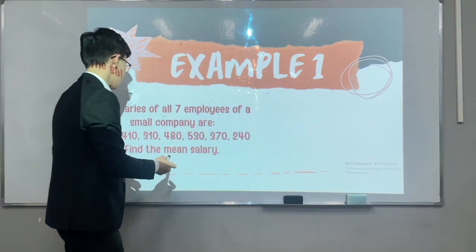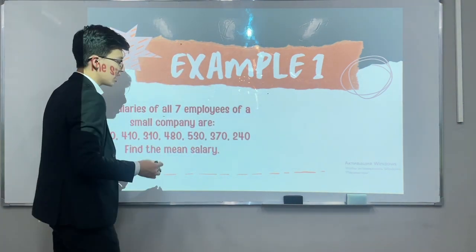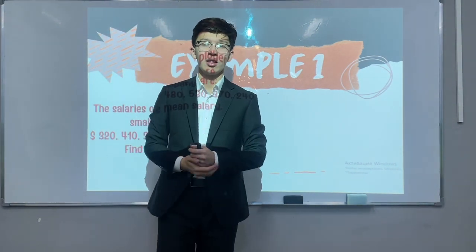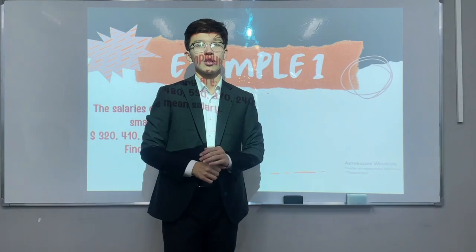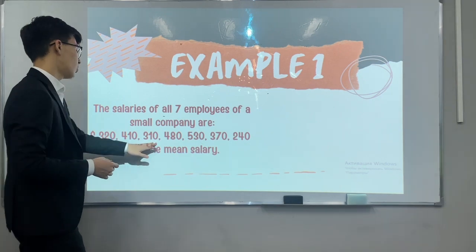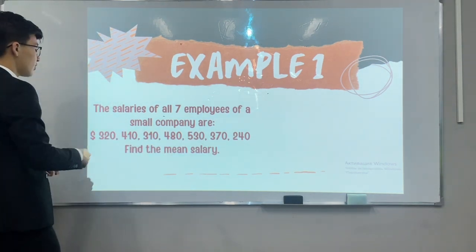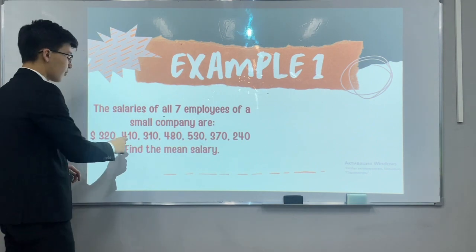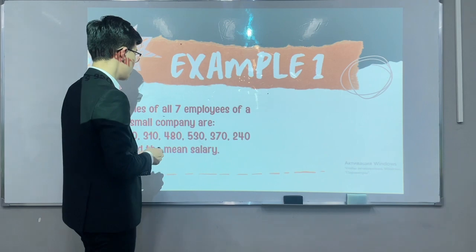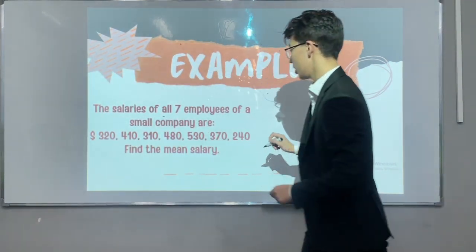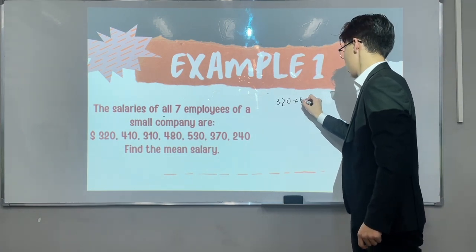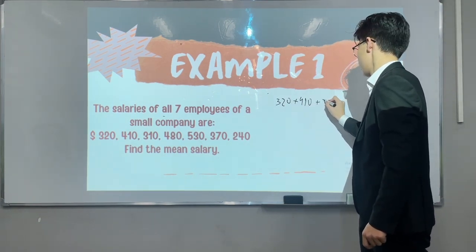If the task says to find the mean, that means you have to find the average value of your given terms. Here we have 7 terms, and initially we have to add all of these terms, plus 1 plus 10.